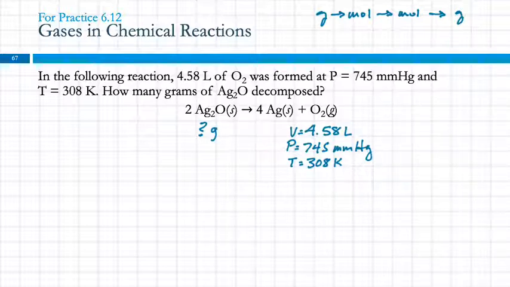I'm going to start with the pressure, the volume, and the temperature of a gas. And I can use the ideal gas law to calculate the moles from that, and then moles to moles, and then to grams. So my first task is find the moles of oxygen.